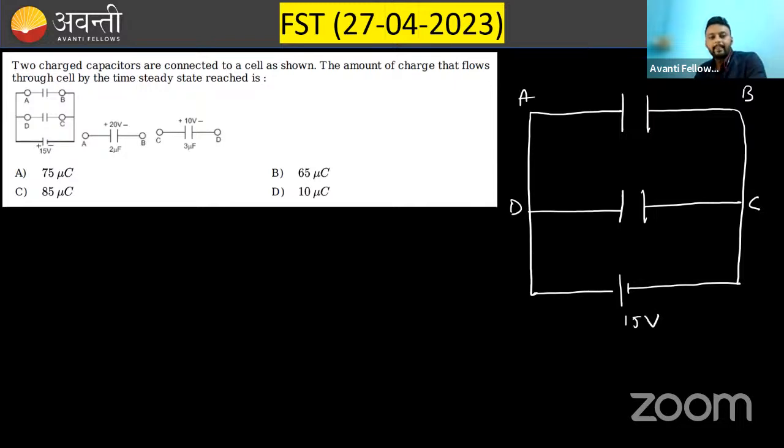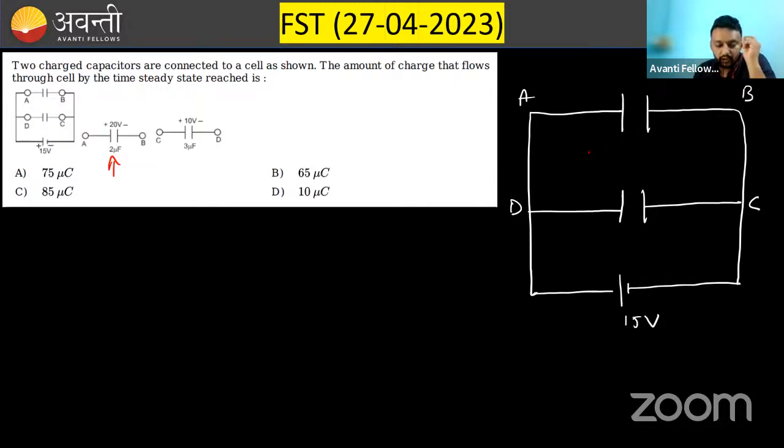Now watch carefully. The first capacitor, you can see in this diagram, A is positive, B is negative. That means this 2 microfarad capacitor is charged by 20 volts, out of which terminal A is positive, B is negative. So I am writing these values in this diagram.